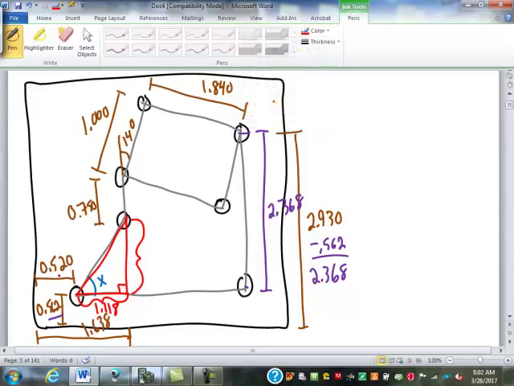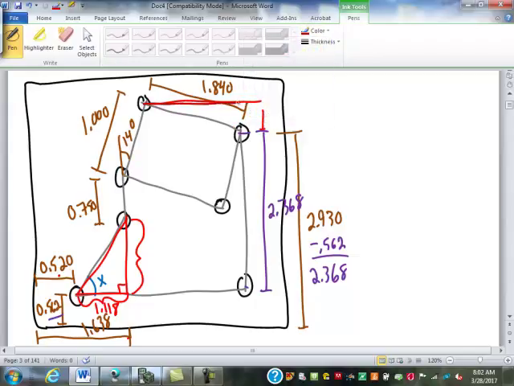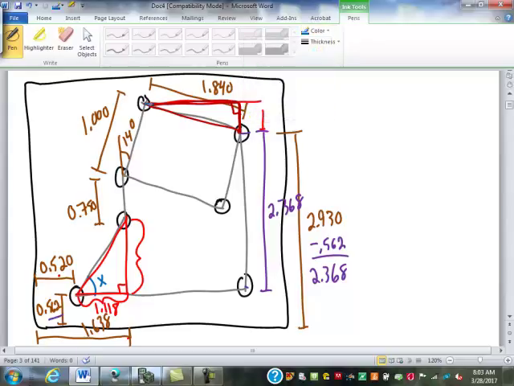So now what I'm going to do is find the dimension from here up to here. So what I'm basically looking at is this triangle right here. So that's going to be a right angle, horizontal and vertical dimensions. So I'm going to pull that out of there. What I have is this here is the 1.840. That's the hypotenuse.